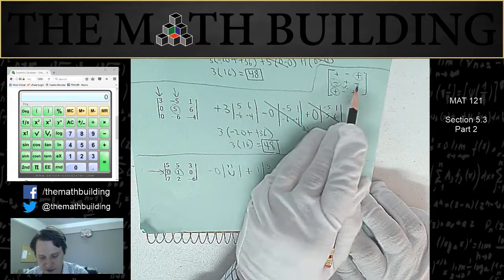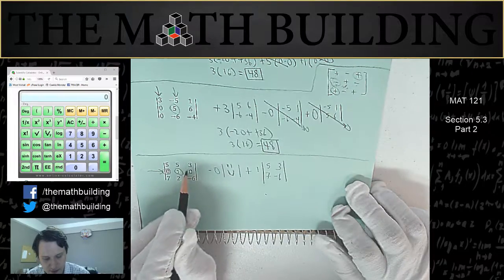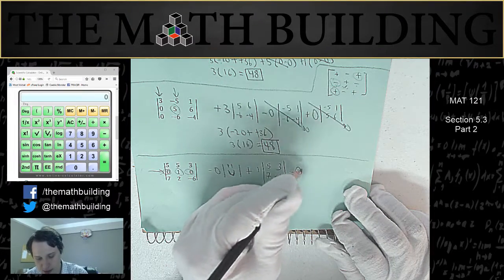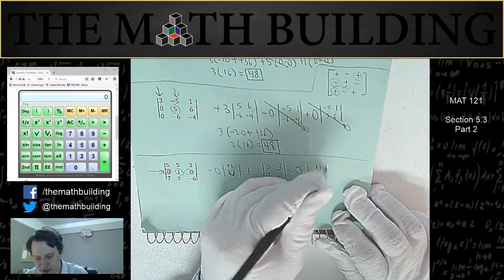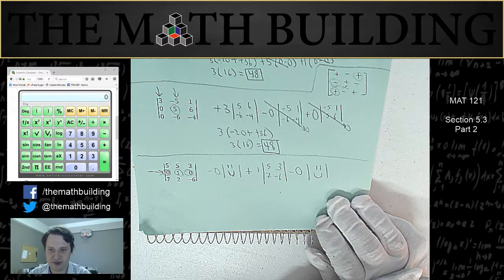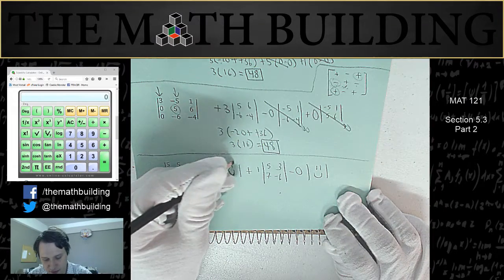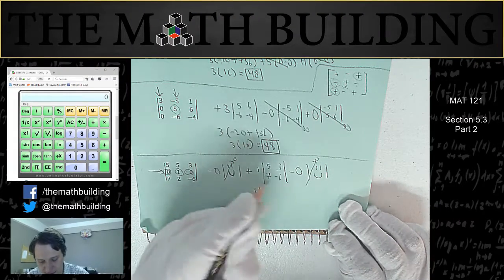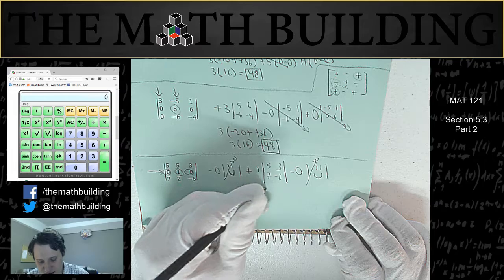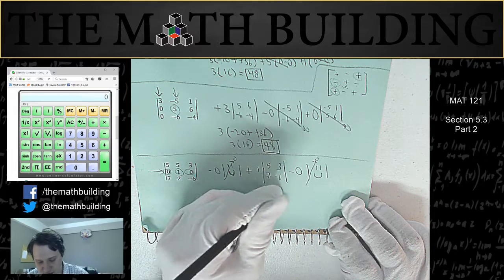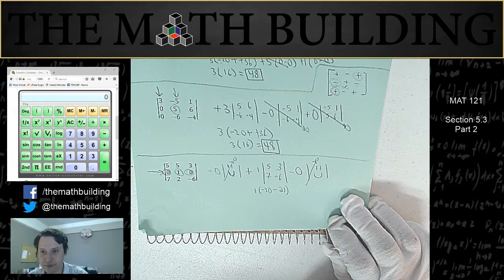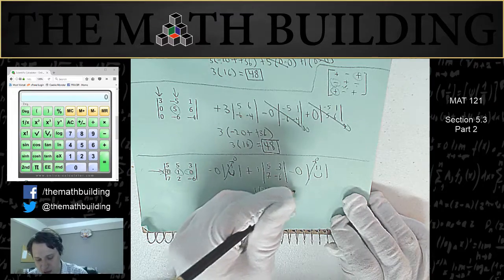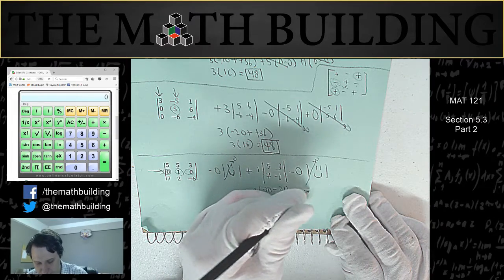Then my diagram says I have -0. And I'm just going to put a smiley face in here because we don't care what it is, because it's just 0. So this is 0, this is 0, and so this is going to be 1 times 5 times -6 is -30, minus 7 times 3 is 21. So 1 times all of that is just going to be -51.